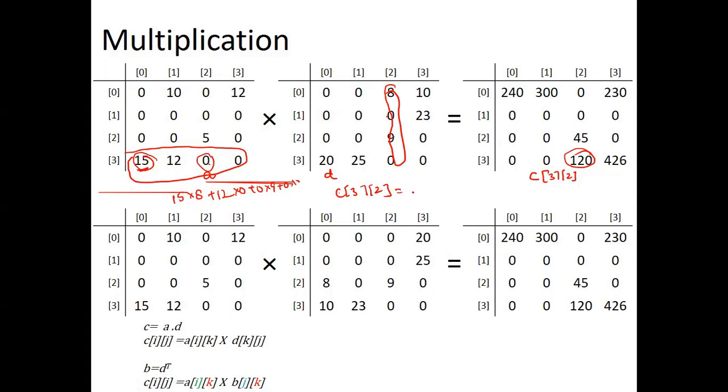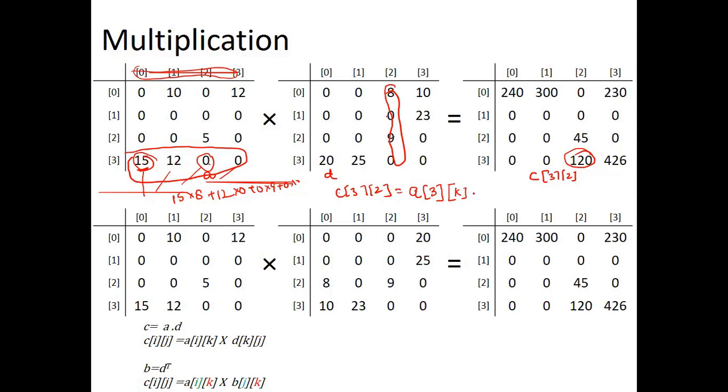From a programming point of view, for the first matrix A, I will freeze the third index of the row, and there is a variable K which will vary to fetch the values 15, then 12, then 0, then 0. That means K will vary from 0 till 3.